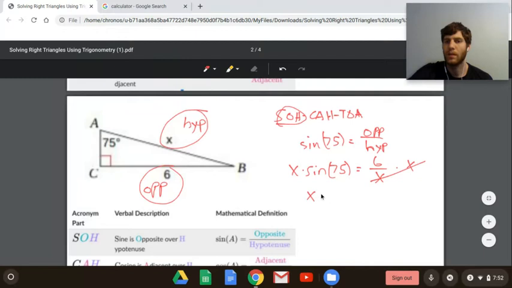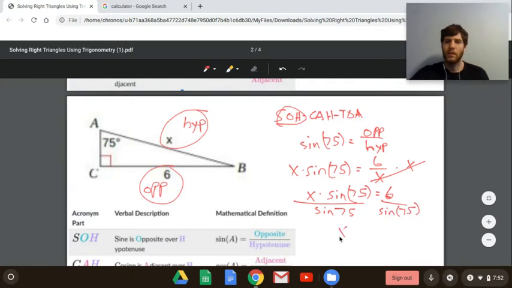So we have x times sine 75 equals 6. And then, again, we still want to get x by itself. So now we need to divide both sides by sine 75.